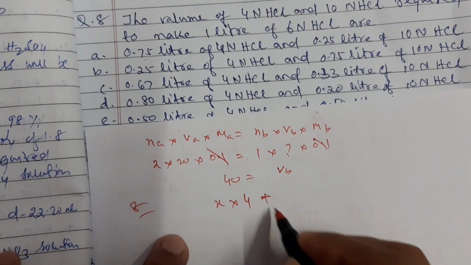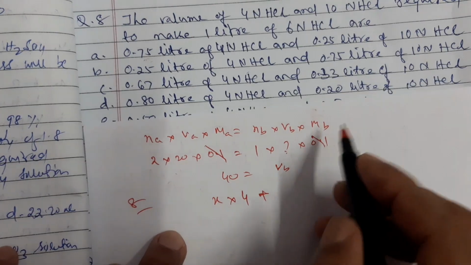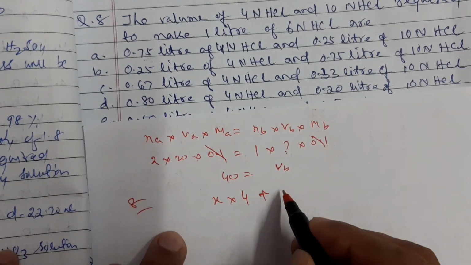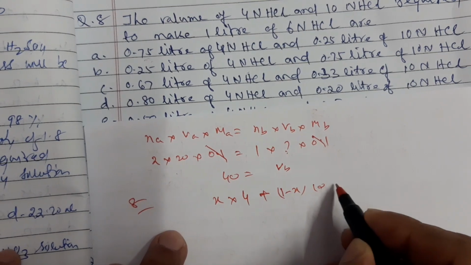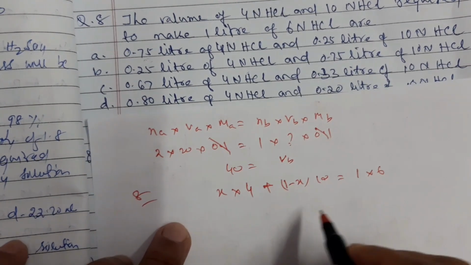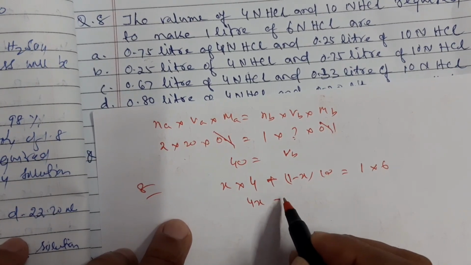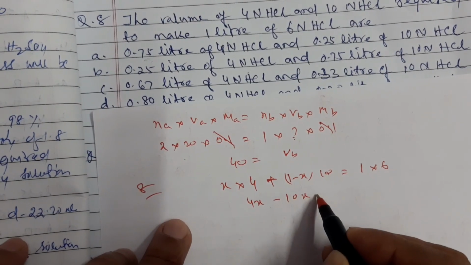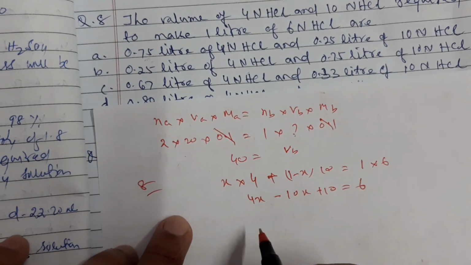Plus the total volume is 1 liter. So for this it is x multiplied by 4 plus (1 minus x) multiplied by 10 is equal to 1 liter multiplied by 6. Okay, so 4x minus 10x plus 10 is equal to 6.